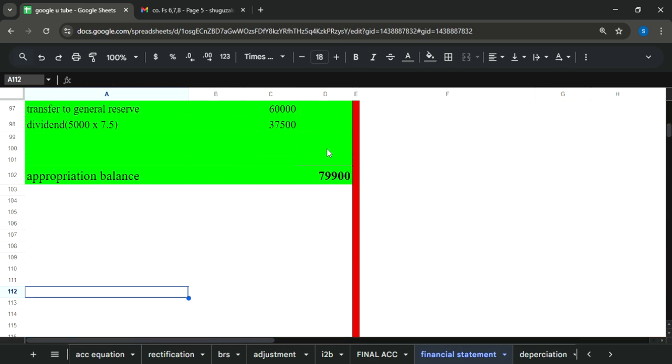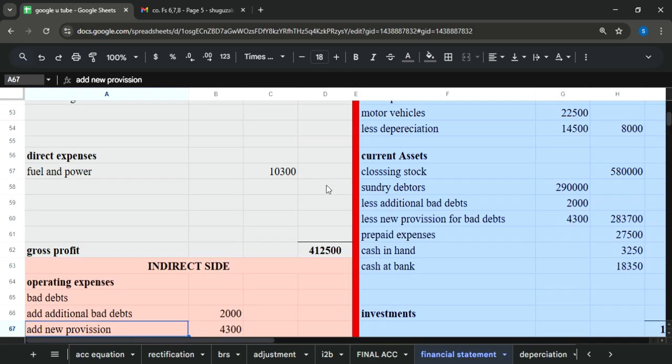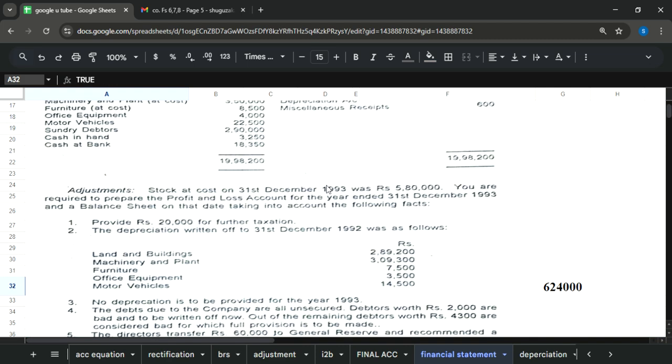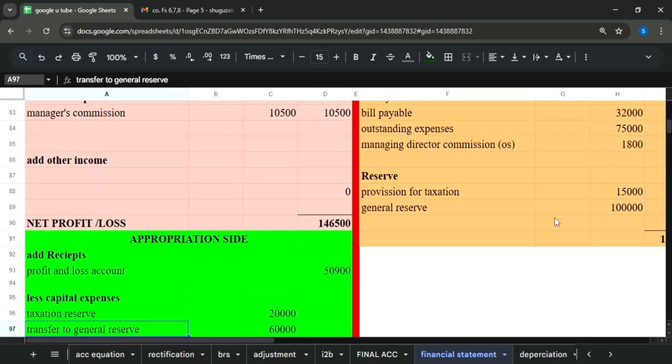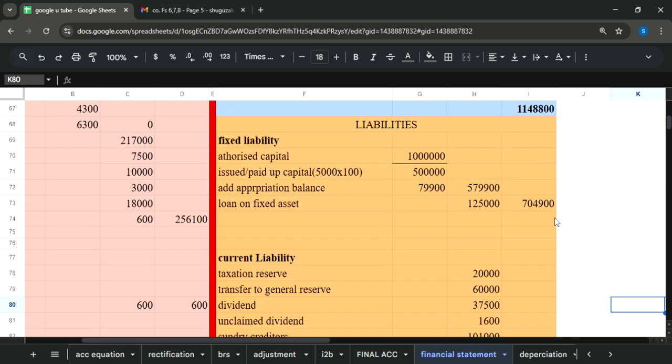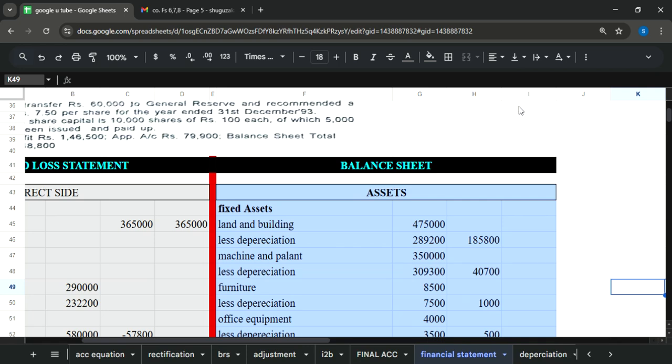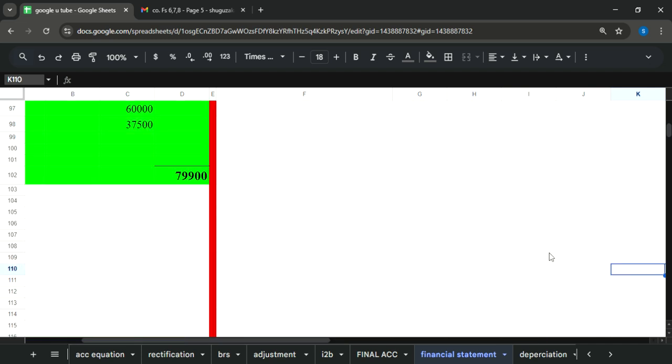Last on the left side was 79900 appropriation. So here you can see 79900. Asset side we have calculated and liability side calculated. Here you can see 1148800. The answer was present over here, 1148800. It absolutely matched with the liability side.